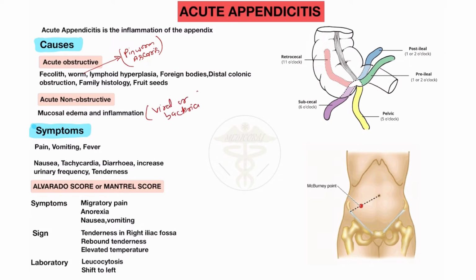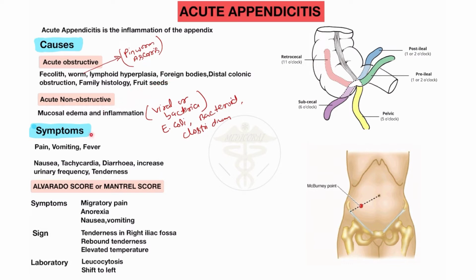There are different types of bacteria in our body, mostly E. coli, also Bacteroides, and Clostridium, and many different bacteria present in our body, which cause the non-obstructive type, because it is a mucosal or inflammatory process caused by virus or bacteria. So this is acute non-obstructive appendicitis.